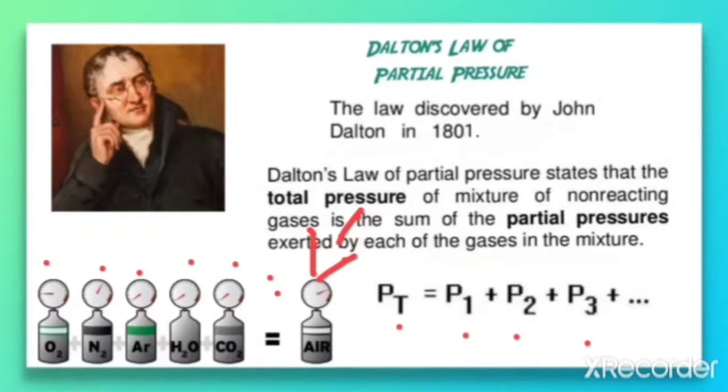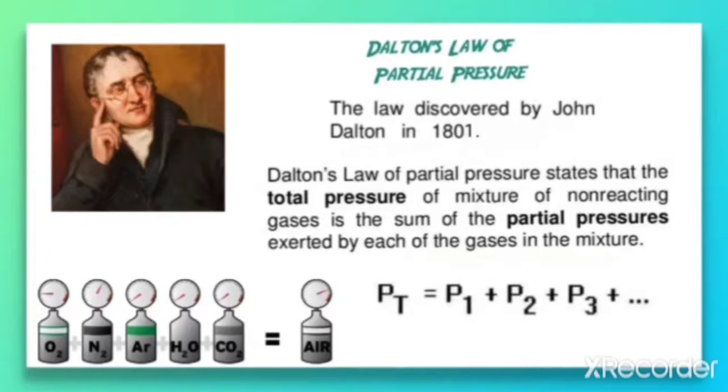So that is what Dalton's law of partial pressure states: that the total pressure of a mixture of non-reacting gases, that is important, non-reacting gases, is equal to the sum of the partial pressures exerted by each of the gases in the mixture.